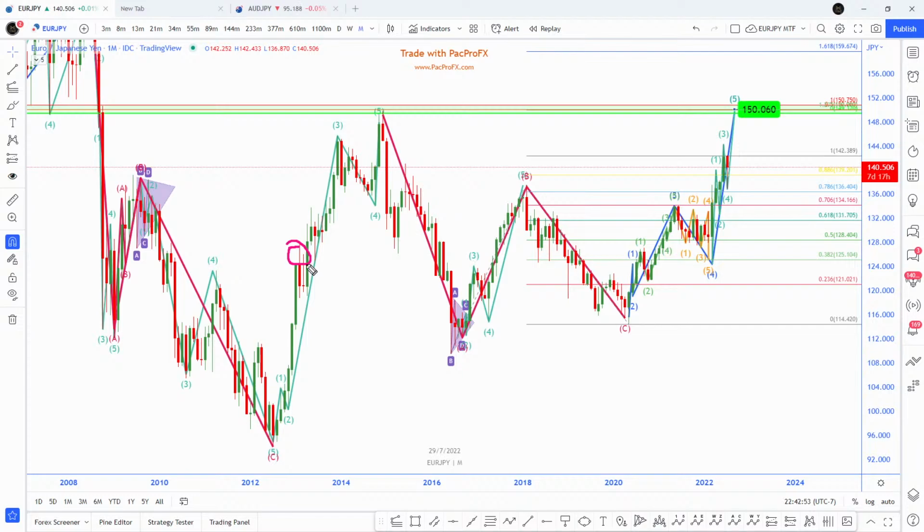Okay, so then what I would do is I would say, well, we're not done with this. We still have waves to go here, so we still have more to go topside. So I would say, about 50 to 80 pips down, I would put another buy order here.